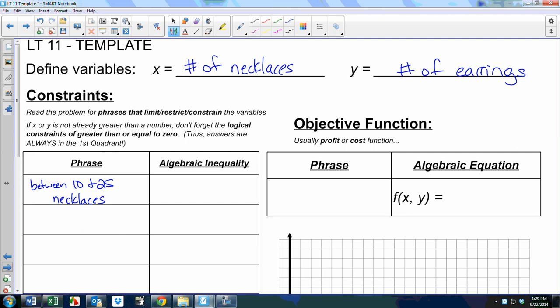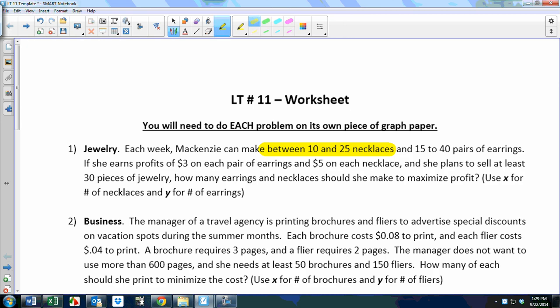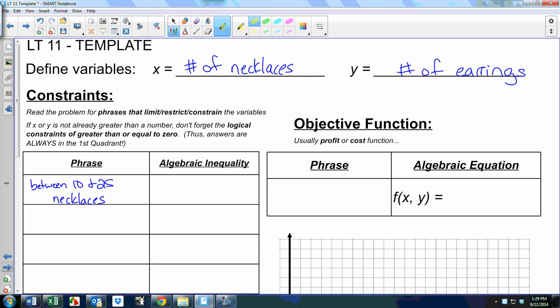Right after that was a phrase that said something about between something and something earrings. Between 15 and 40 earrings.